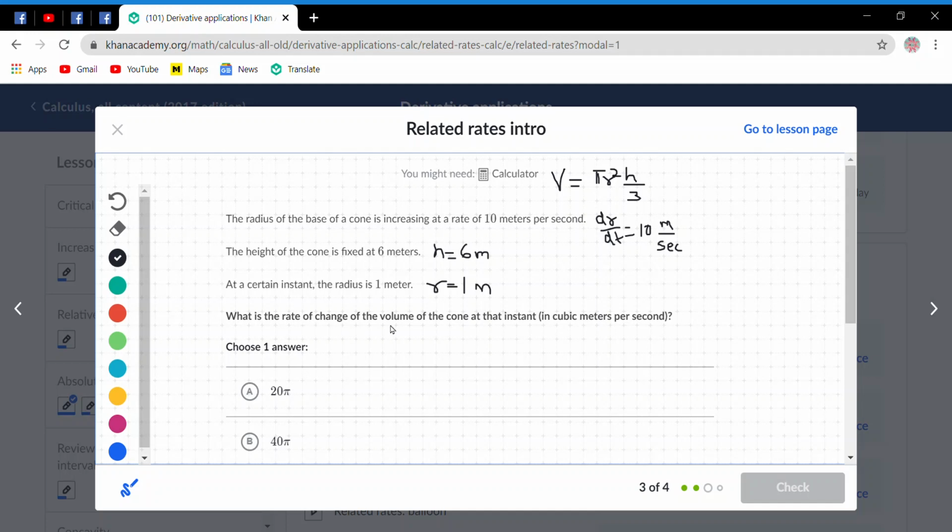What is the rate of change of volume of a cone at that radius equals 1, in cubic meters per second? So let's take the derivative with respect to time of both sides of this equation. So this becomes dV over dt.